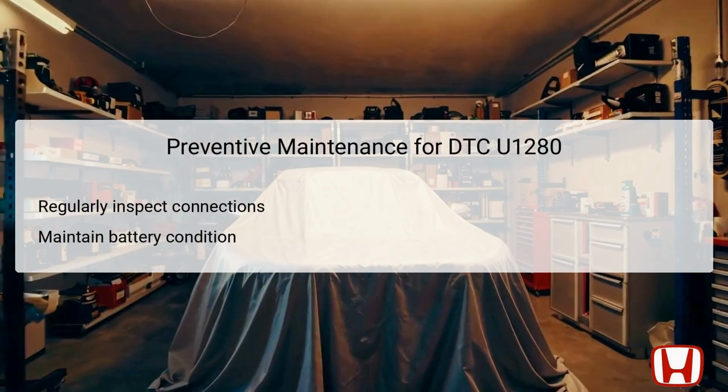Furthermore, maintaining the battery condition is crucial. Ensure that the battery is charged, clean, and functioning properly. A degraded battery not only affects performance, but can also contribute to communication errors. Performing these preventive measures can prolong the lifespan of electrical systems within the vehicle and reduce the likelihood of encountering DTCs in the future.